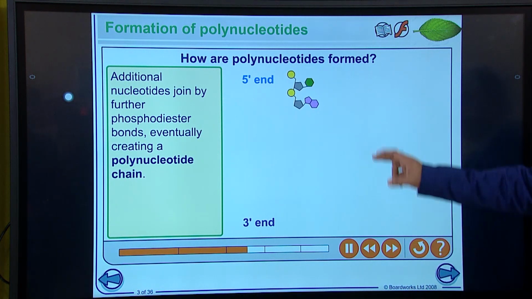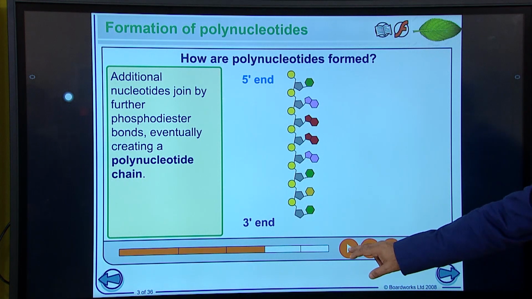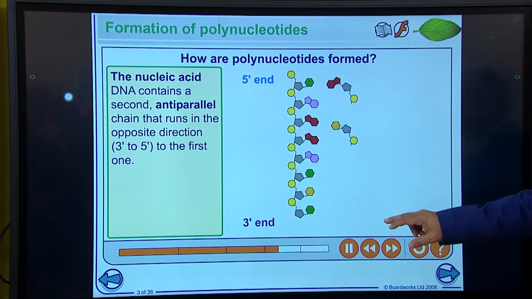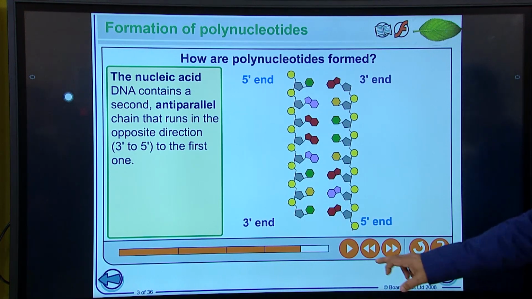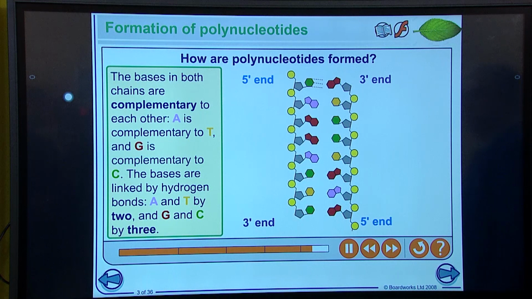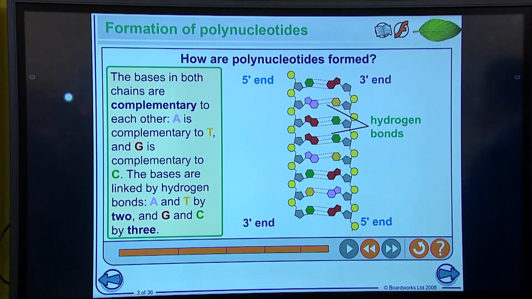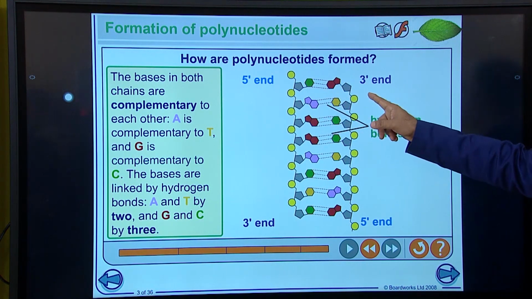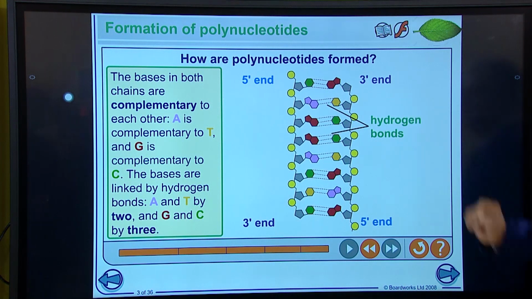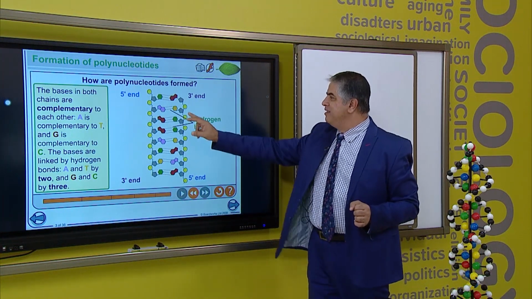And this is how the entire chain forms. The other chain also forms in exactly the same way. And these chains are held together by hydrogen bonds. There are 3 bonds between guanine and cytosine, and there are 2 bonds between adenine and thymine.